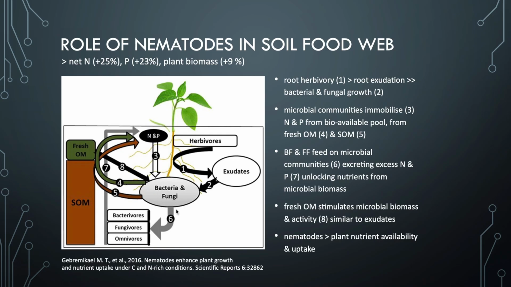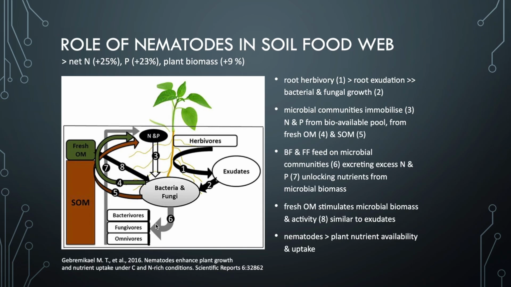They basically take those nutrients, that nitrogen and phosphorus, into their own cells. This stimulates then the bacterivores, fungivores, and omnivores, so bacterial feeding and fungal feeding nematodes. Their numbers increase as a result of this increased biomass of bacteria and fungi.